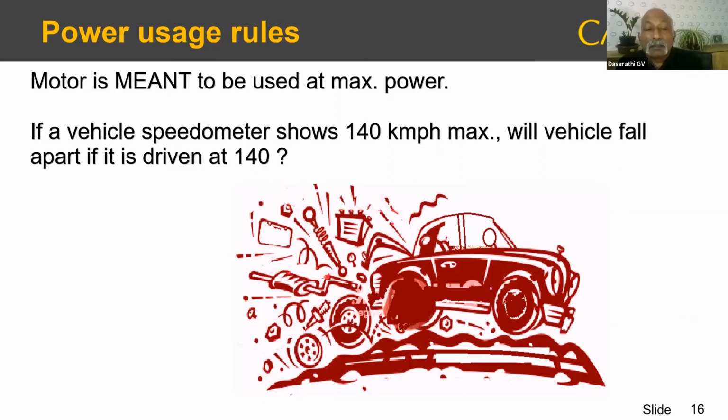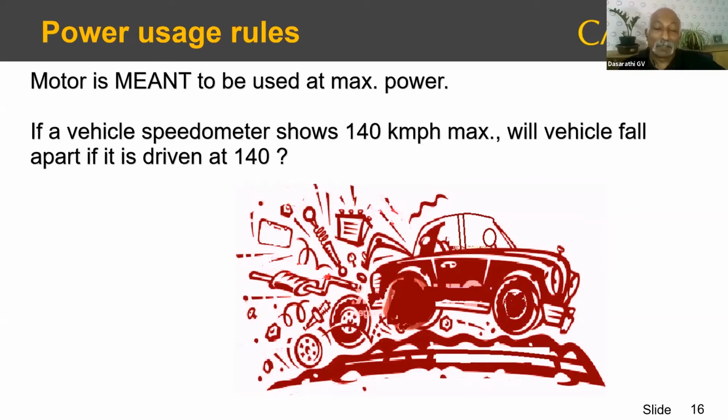Now, why is the motor built for a particular power? It is built to use that power. We are paying money to use that power, right? Like a car. If I've got a speedometer which says 140, the car is not going to blow up or fall apart at 140. It will run. Maybe it will vibrate a little bit.